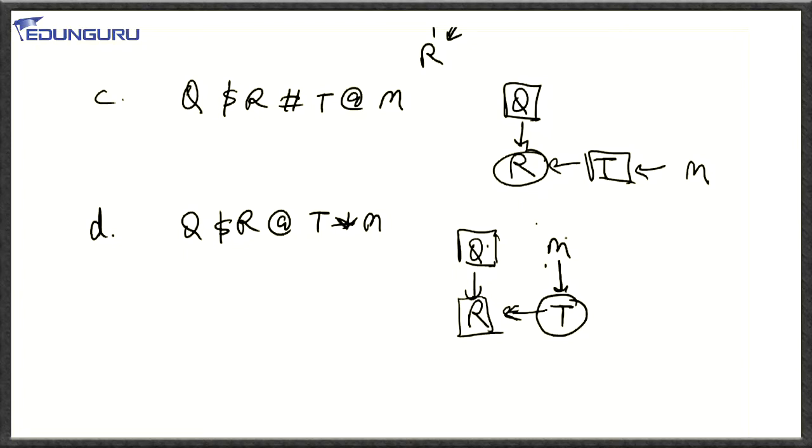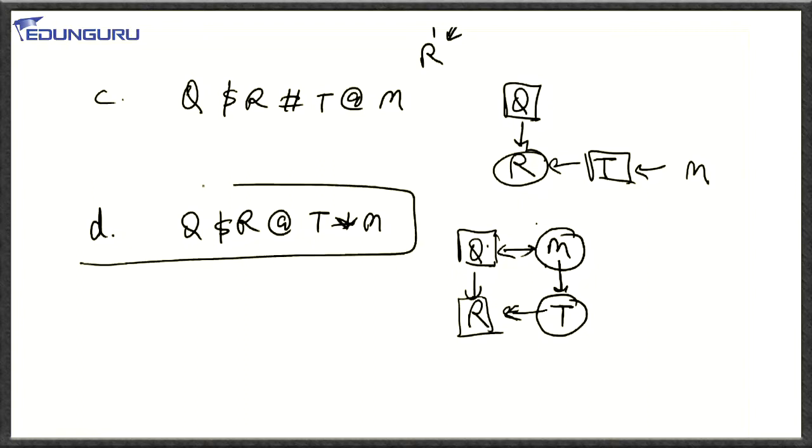So, definitely Q and M are husband and wife, and M has to be a female, that means M is wife of Q. The question asks which of the following indicates M is wife of Q? So, in option D you can see that M is wife of Q, that means this is my correct answer.